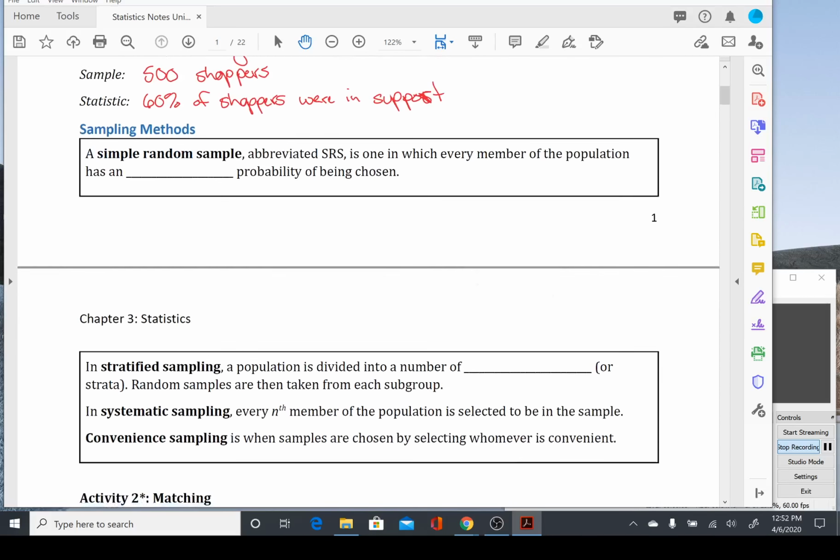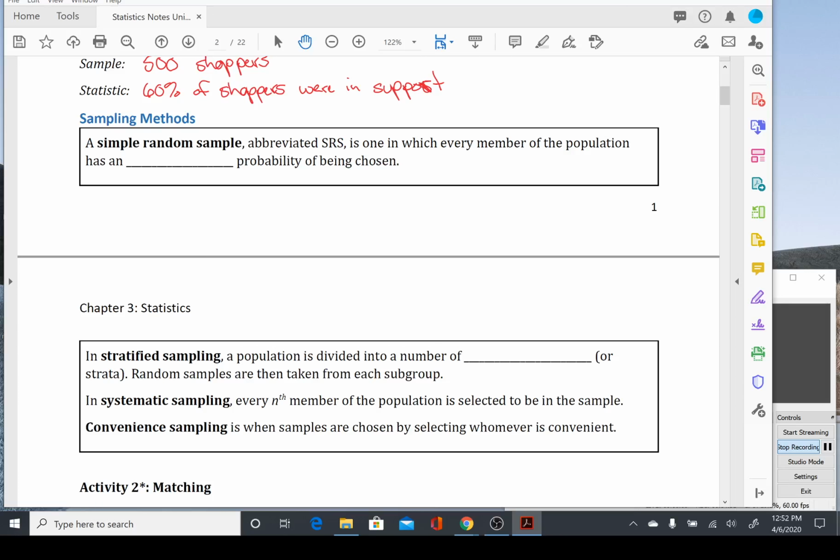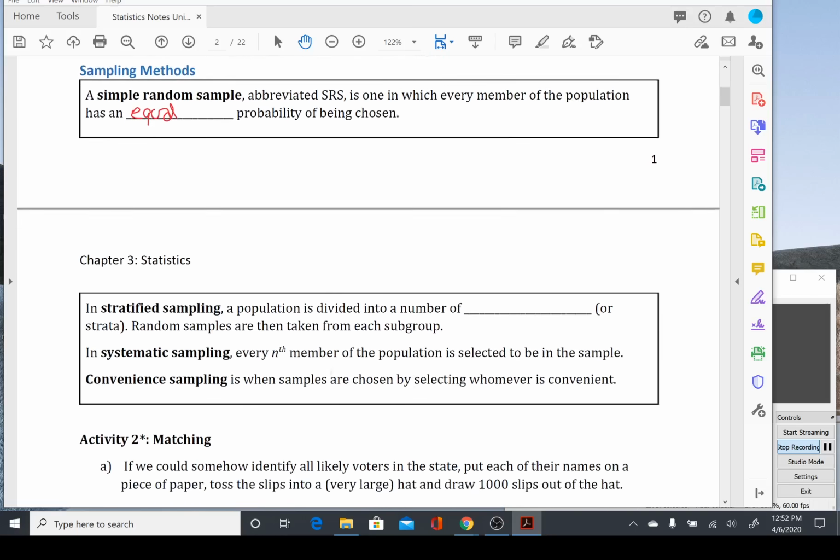So there's a few sampling methods that you can have. One is the simple random sample, abbreviated SRS. It's one in which every member of the population has an equal probability of being chosen. And in the example that we just went through, that wasn't true. Not every single member of Portland is equally likely to be at the mall at Pioneer Place.